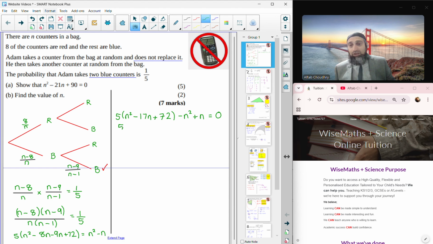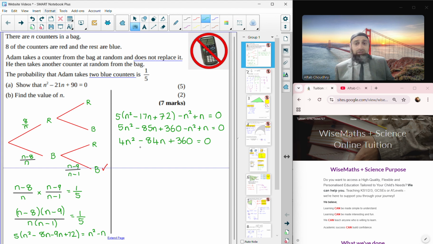Let's expand it out. You get 5n squared minus 85n, 72 times 5 is going to give you plus 360, minus n squared plus n is equal to 0. Now you've got 5n squared minus n squared, which gives you 4n squared. You have minus 85n add n, which gives you minus 84n. And then you have plus 360, which is equal to 0.